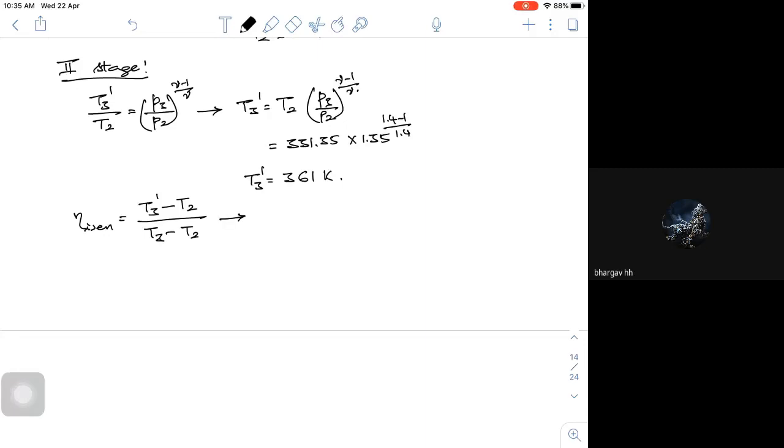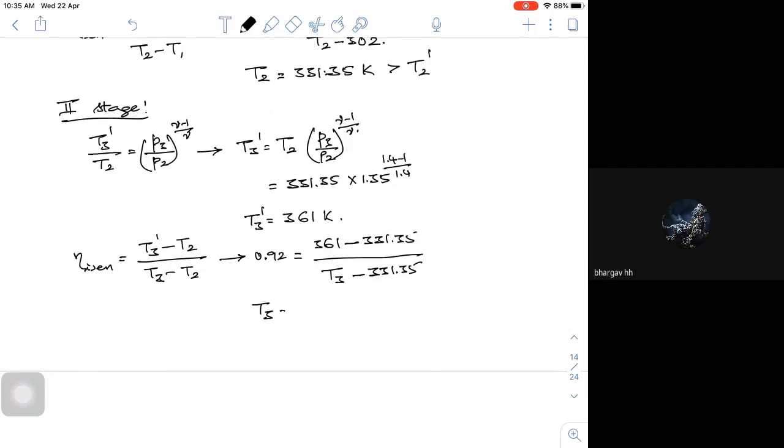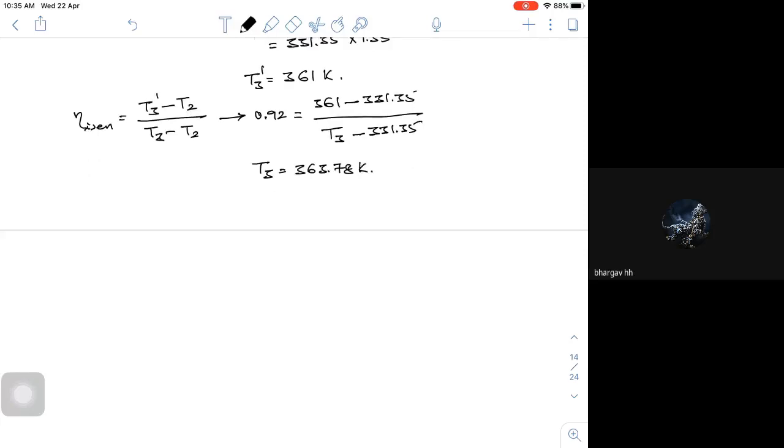So we'll end up with 0.92 is equal to 361 minus 331.35 divided by T3 minus 331.35. If I do that, I will end up at T3, which is found to be 363.78 Kelvin. So similarly, I can calculate for each and every stage.